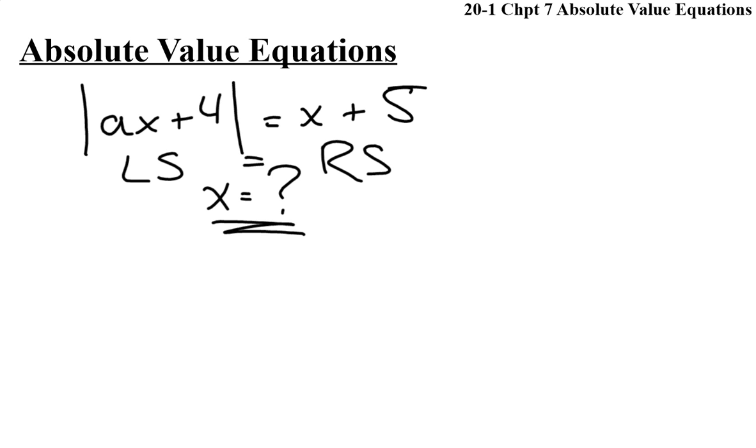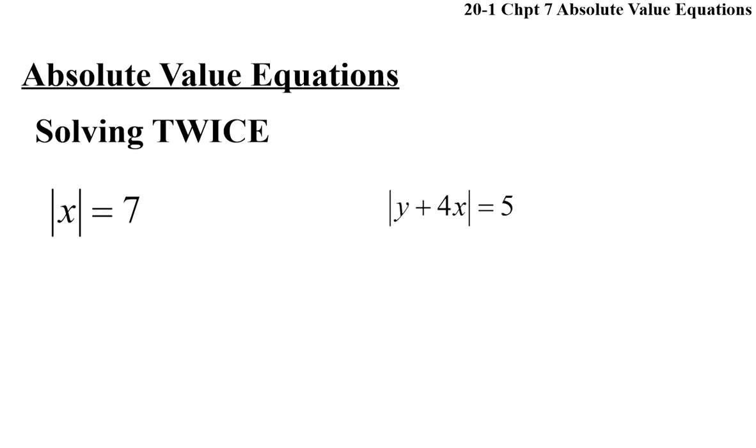There is one real important thing to remember with absolute value equations, but the algebra is a little more straightforward than some of the other stuff. But that thing you have to remember is that you have to always solve absolute value equations twice. There isn't going to be one answer only at times.